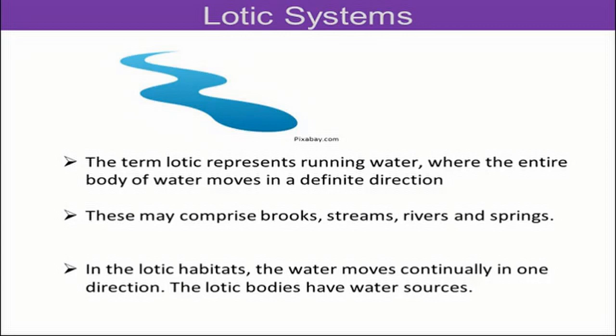These may be a brook, a stream, a river or springs. In the Lotic habitats, the water moves continually in one direction. They have water sources; their origin is either a reservoir or a lake or anything which functions as a source of water for this Lotic system.